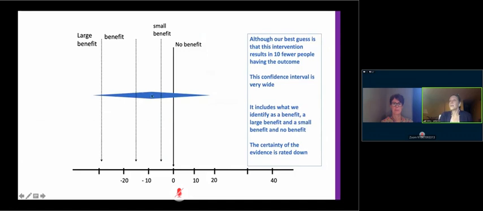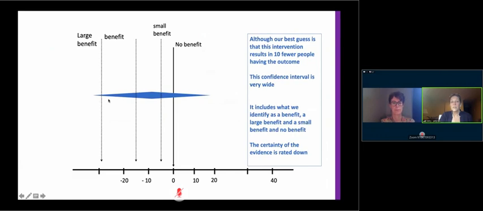If we were to plot our diamond here, this is our effect. Really, this effect is showing that, whatever the outcome, so say if we went back to our vaccines or even the heparin example, if we're reducing our number of bleeds by 10, for example, that would fall into an effect between a small benefit and a moderate benefit, or just a benefit.